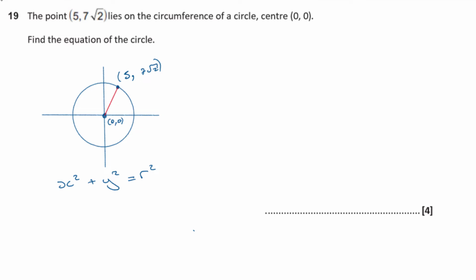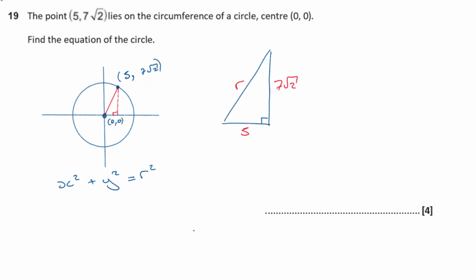You could take this radius and turn it into a little right angle triangle like this, and that triangle is going to have sides 5, which is the x coordinate, and 7 root 2, which is the y coordinate. So what we're trying to do to find the radius is find the longest side of a right angle triangle.